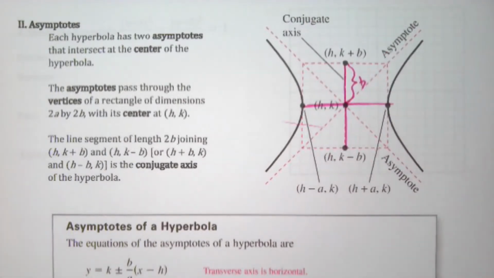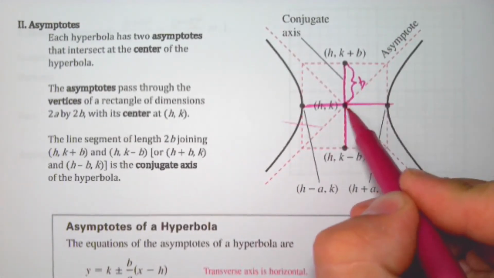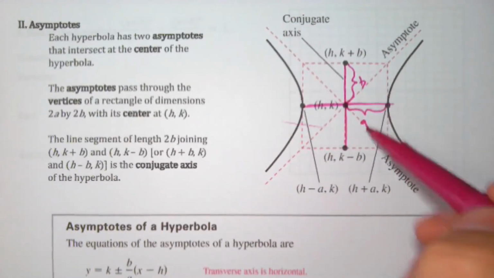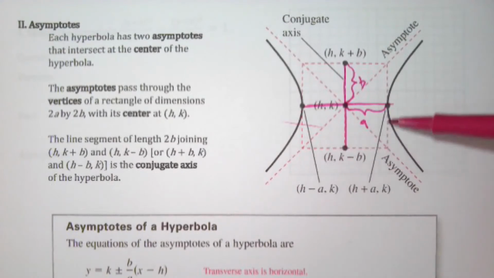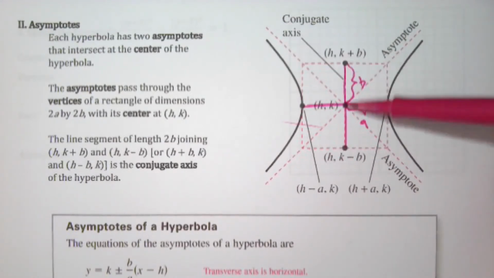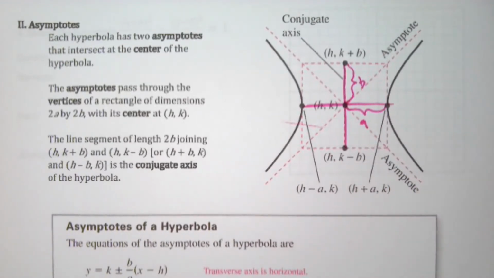This is our B value. And we also have, right, our A value from the center to the vertex. What these 2 values do is create this little dashed box right here, right? So it's up B, down B, left and right A. We would flip that if it was vertical.